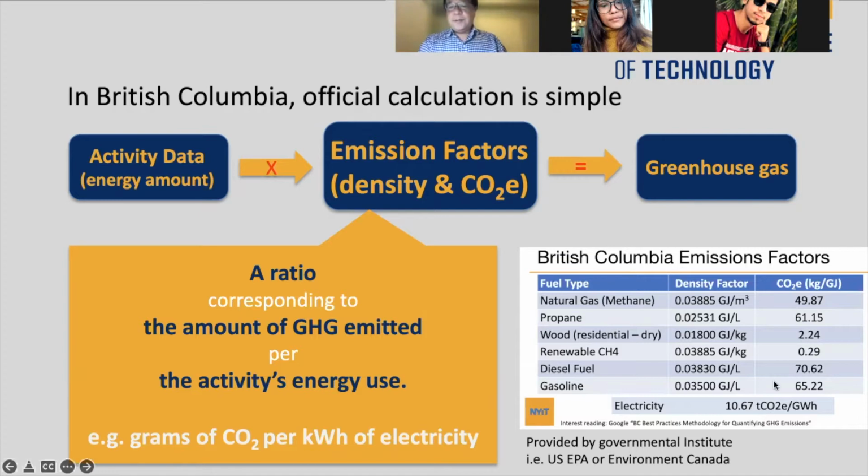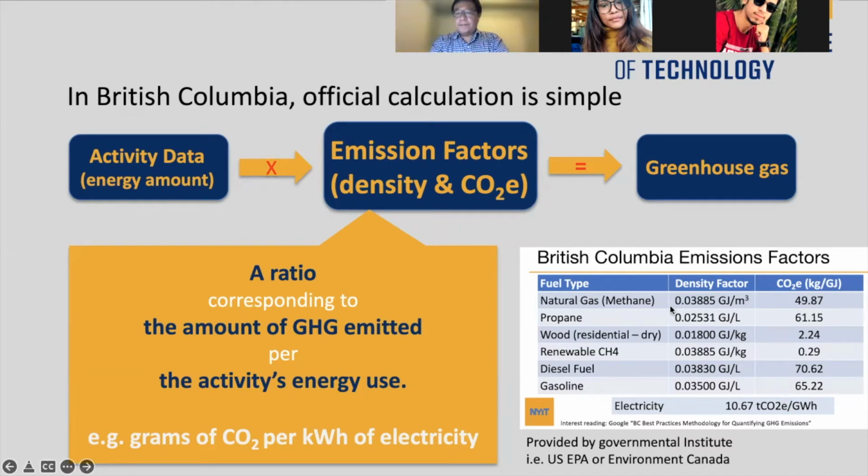In the table on the right-hand side, you can see for natural gas, 1 cubic meter, how much energy it has, that is the energy density factor. But the other one we call the emission factor, that is how much carbon dioxide is emitted per gigajoule.